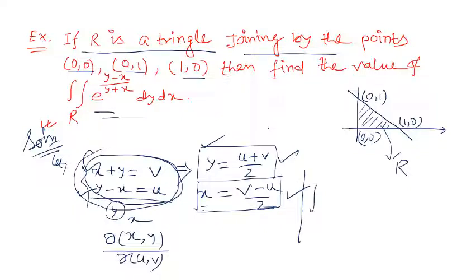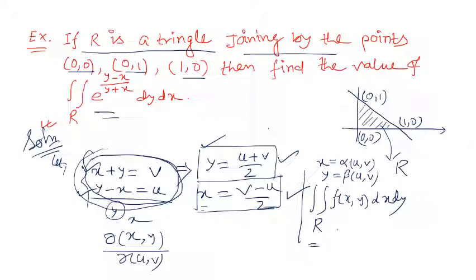Here I am writing the formula of transformation first. Suppose I am transforming this function, the double integral of f(x, y) dx dy. This is our given integral, and using a suitable transformation, suppose x equals alpha(u, v) and y equals beta(u, v). This is a suitable transformation, right? So this double integral is transformed into another double integral over the region R prime.